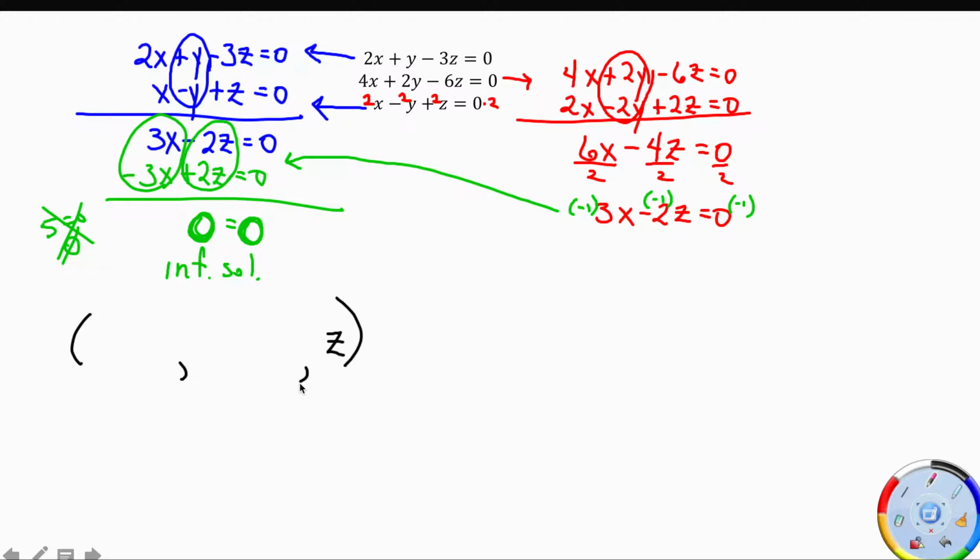I just have to go up and solve an equation where I get x equals something with only z in it, and y equals something with only z in it. Here, with this equation, I can solve this for x and get x equals something with z in it. So let's do that.